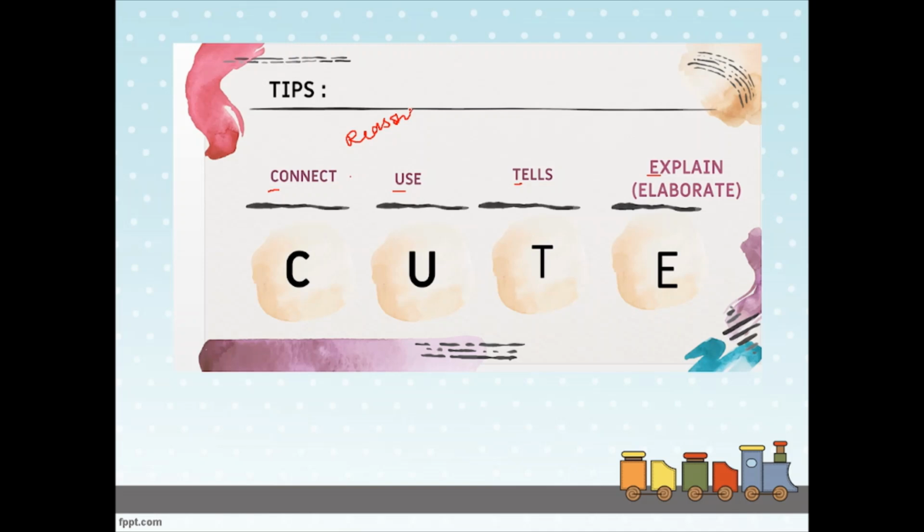If the assertion is false, go to option D. If the assertion is true, now reason is also true, assertion is also true, check the connect between them. If they are connected, go for option A. If there is no connect, individually both the statements are true, go to option B. Understood?